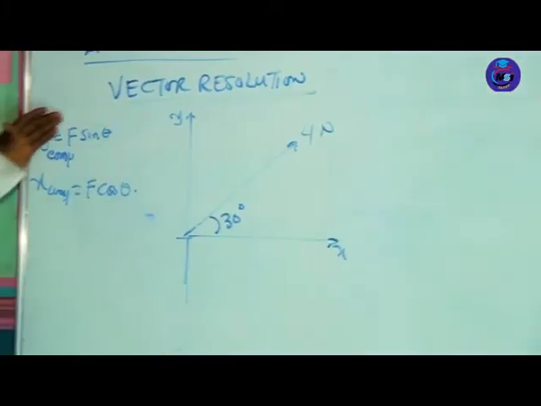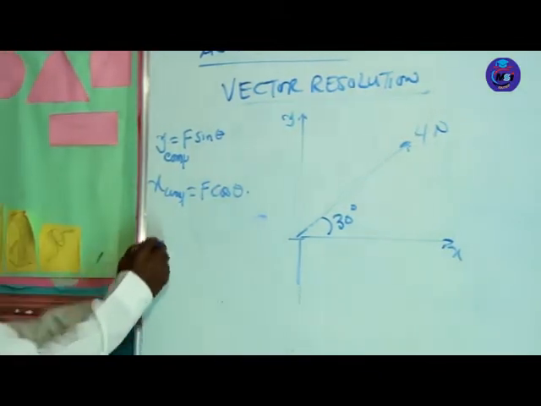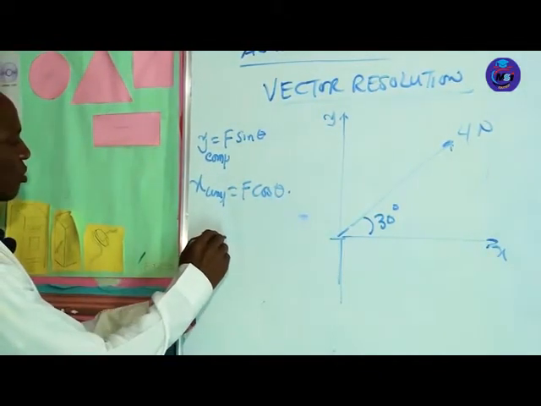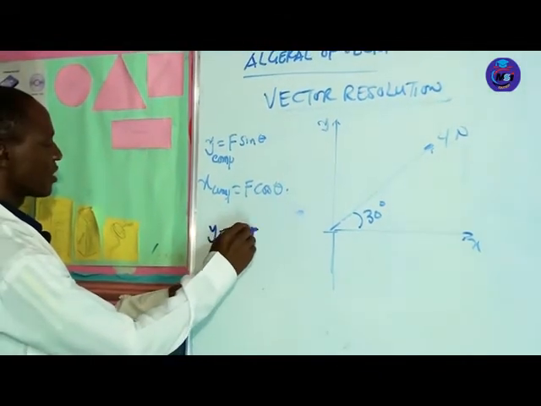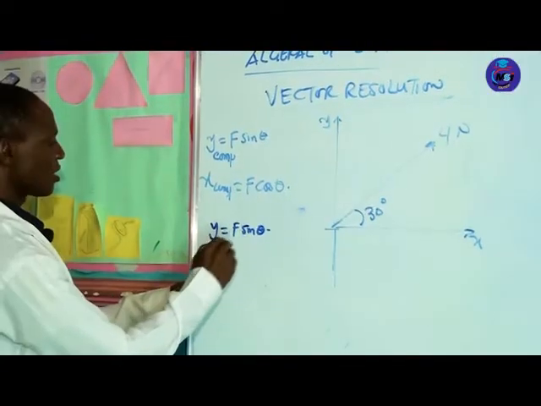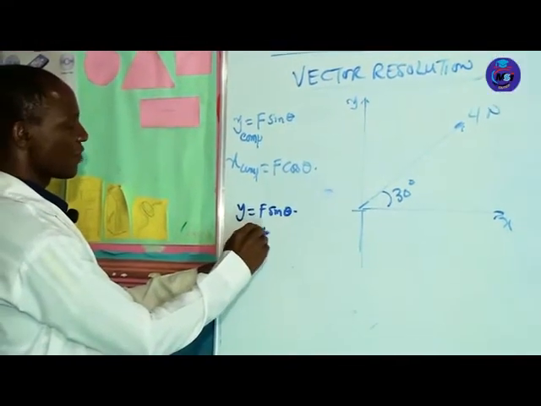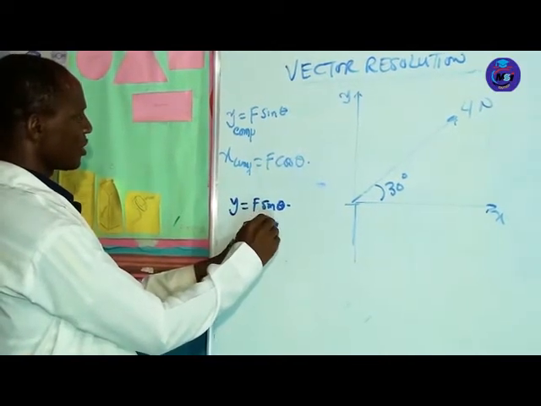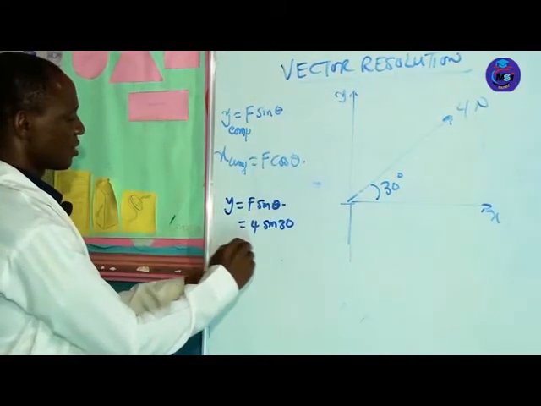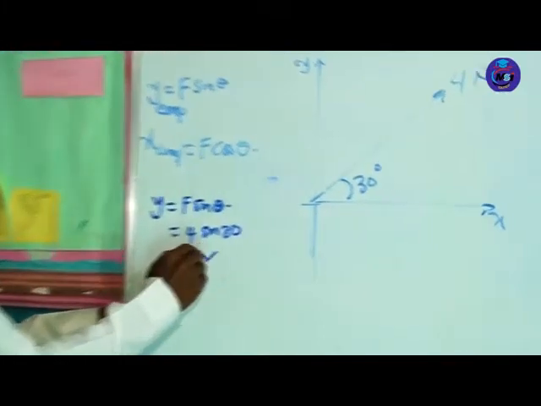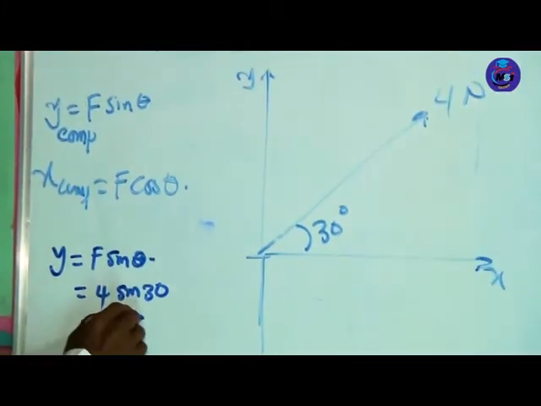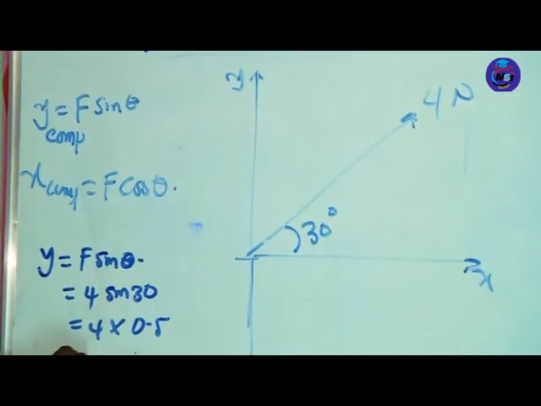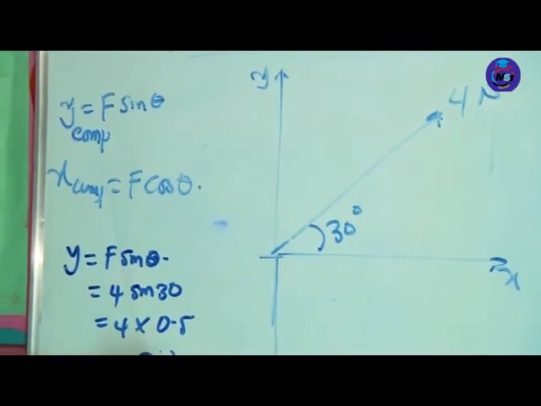For y component, we are going to use this formula. So we have y equal to F sine theta. Our F is the 4, our sine 30, we have equal to 4 times sine 30, which is 0.5. So that gives us 2 Newton.